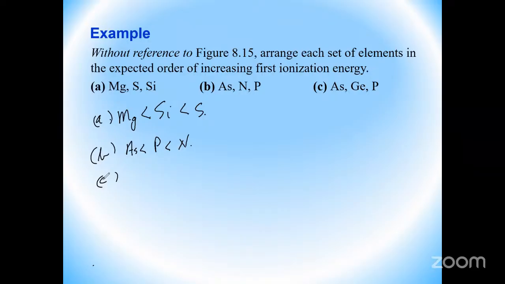Which of these would you expect to have the lowest first ionization energy? It decreases from top to bottom and decreases from right to left, so germanium would be the lowest, followed by arsenic, and then, of course, phosphorus, all right?